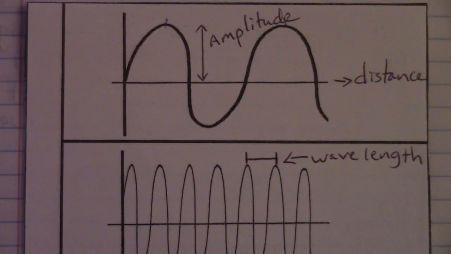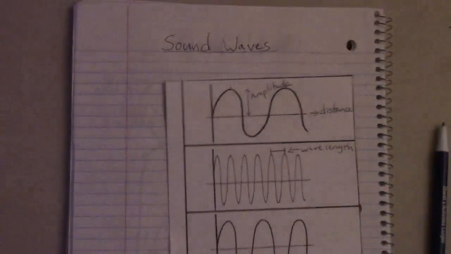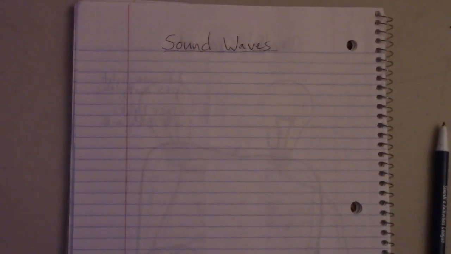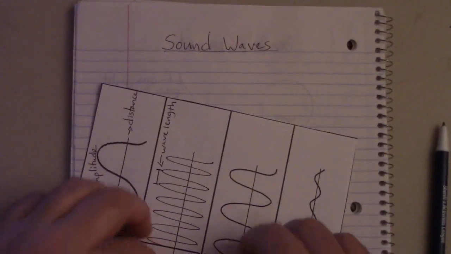So now what we're going to do is we're actually going to glue in this piece. So let me zoom out for that. I'm going to fold along that black line.